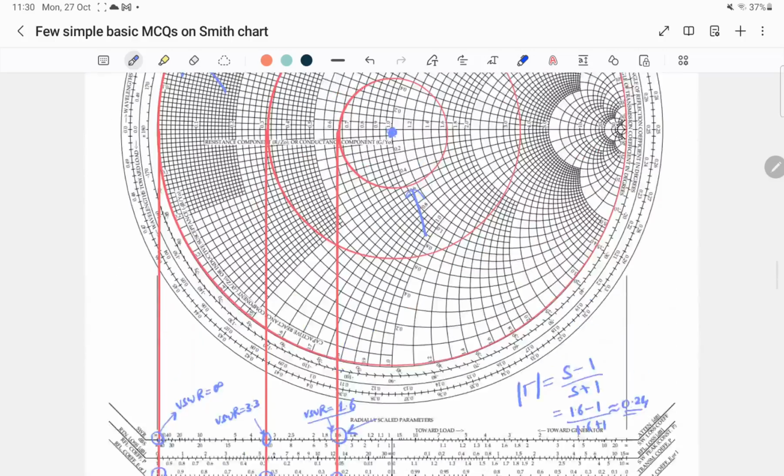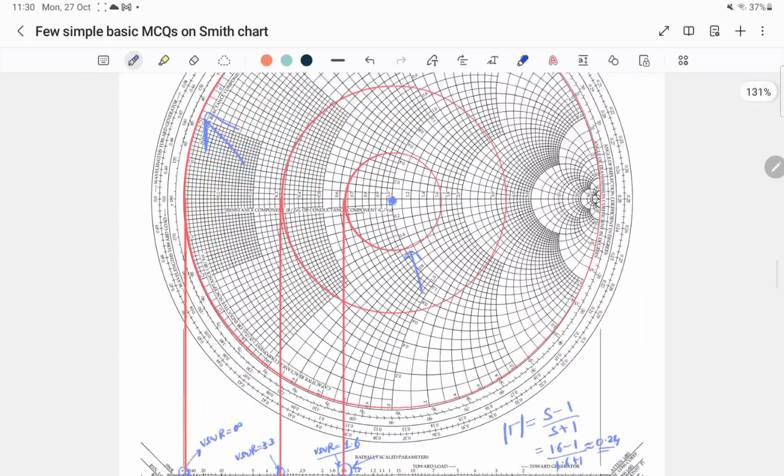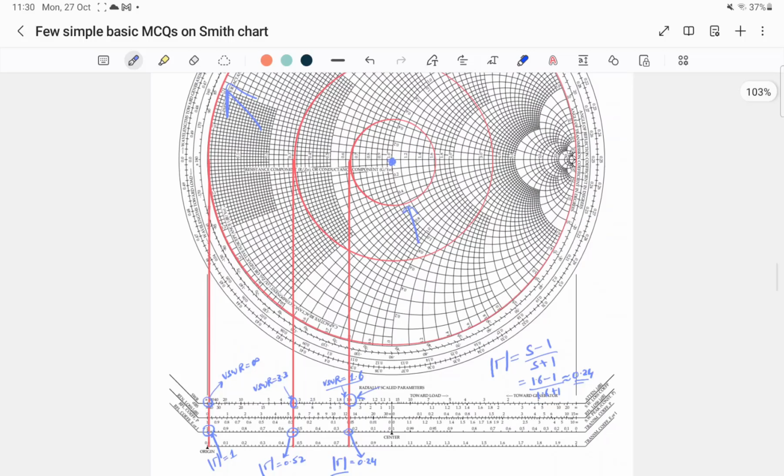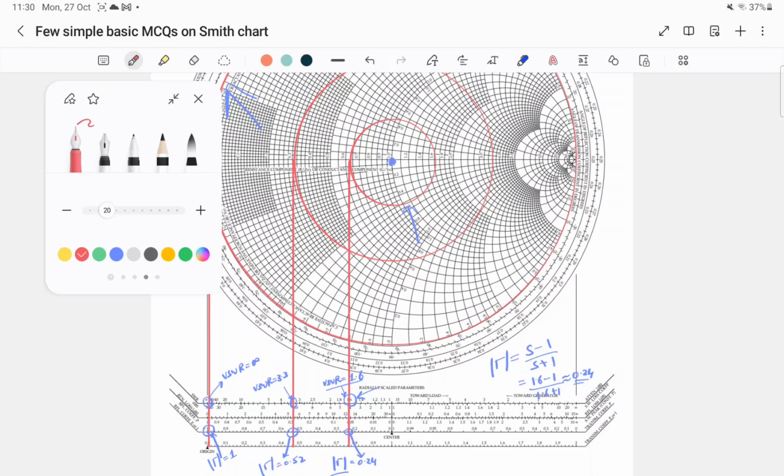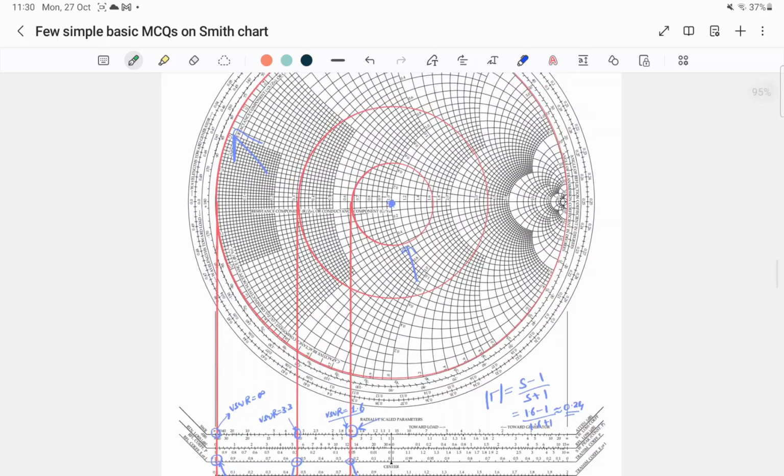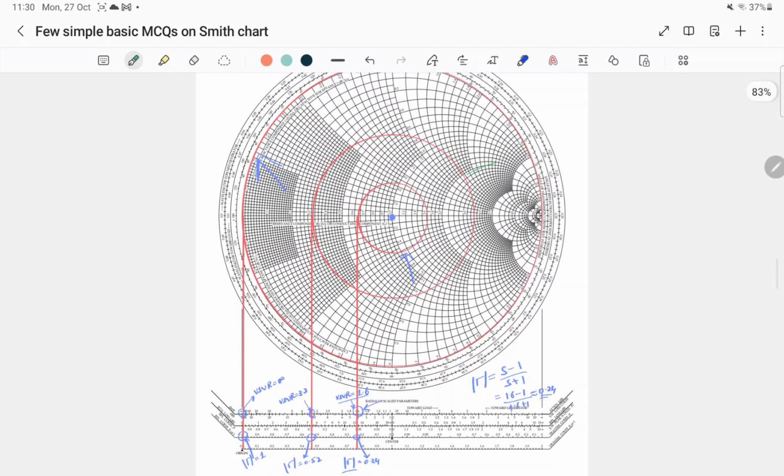Why? Because if you see this Smith chart, the smallest circle possible in this case is, let me choose a different color, let me choose green color. We have studied that all these circles are constant VSWR circles. So the smallest VSWR circle will be just a point at the center.